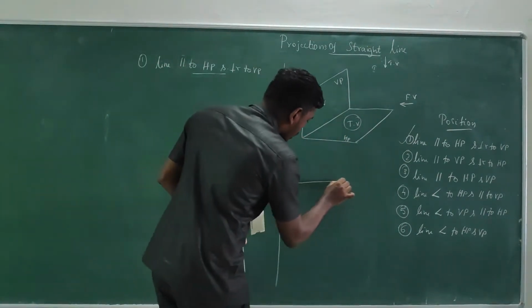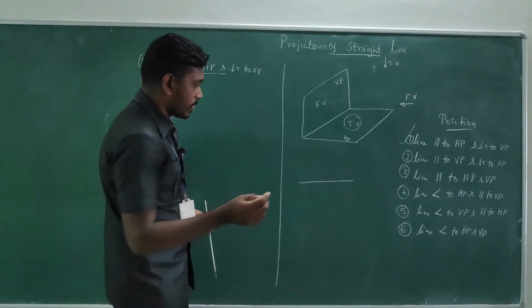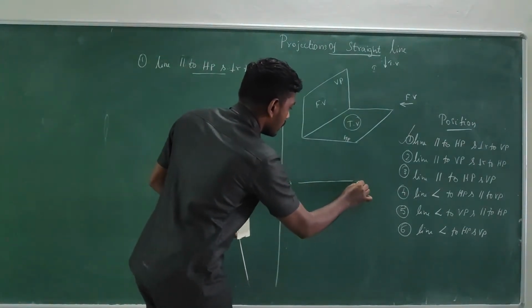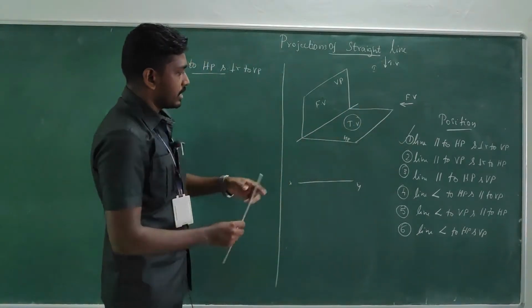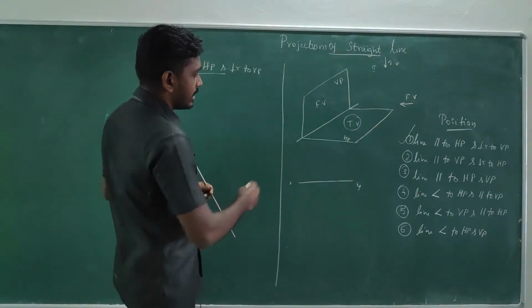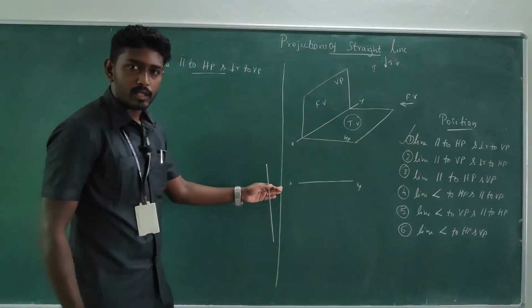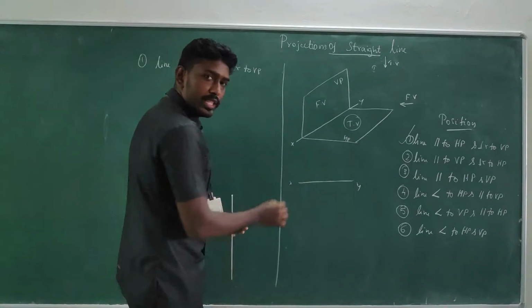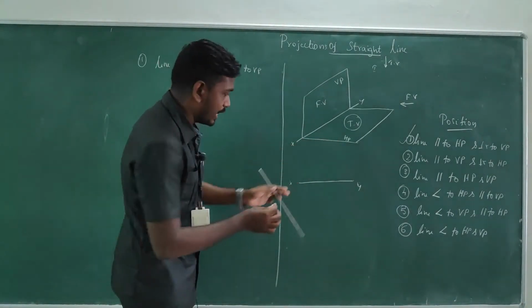When we take it to the 2D drawing, the portion where the planes are separated is called the line XY. In short, we take above the XY line as VP and below the XY line as HP.